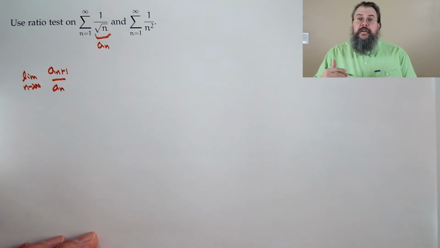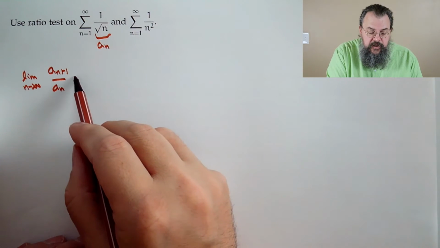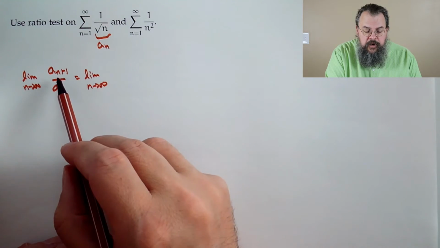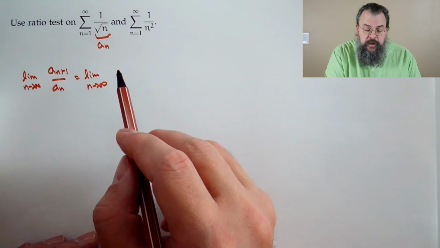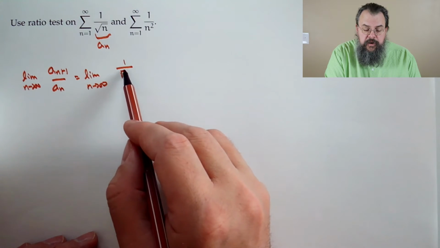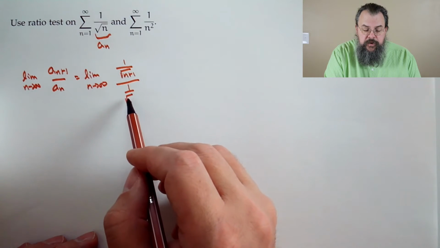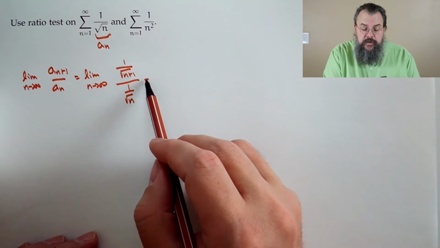That's the ratio test. Just say, what's the ratio of 2 consecutive terms? So that's the limit as n goes to infinity for the n plus 1. Everywhere where there's an n, put in n plus 1. So 1 over square root of n plus 1. Downstairs, 1 over square root of n, because that's just the term as is. Well, you can simplify this.